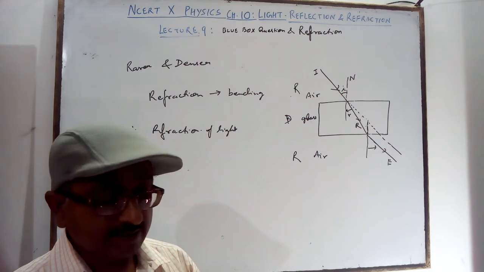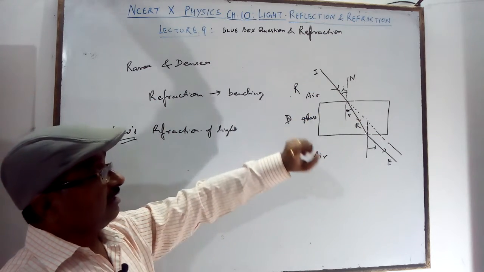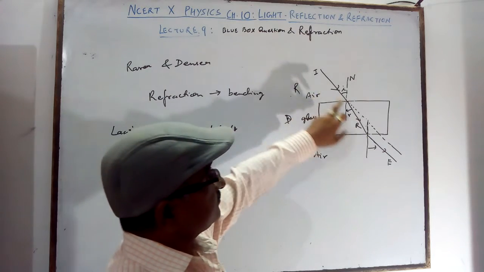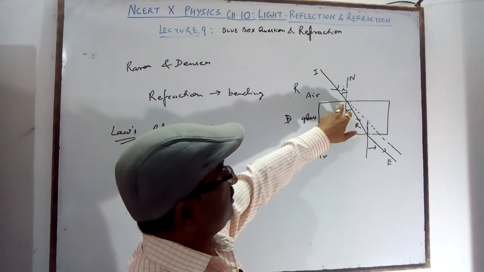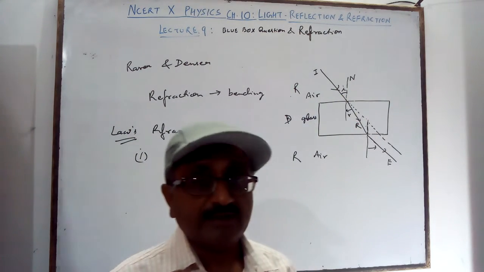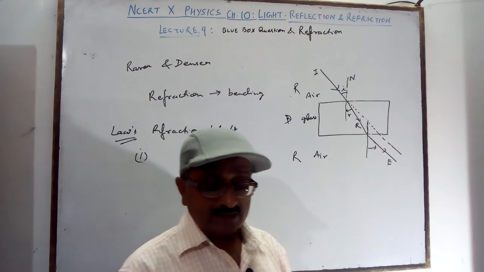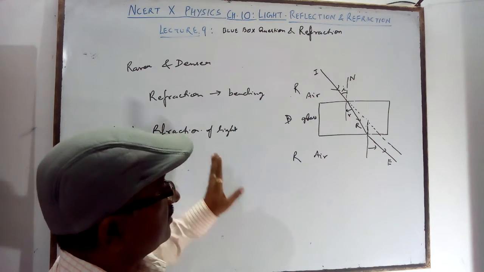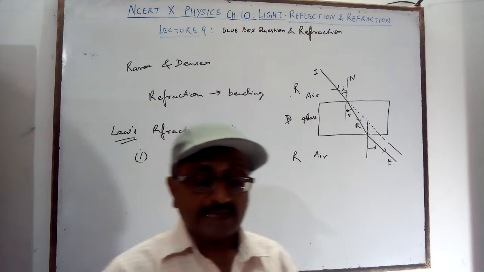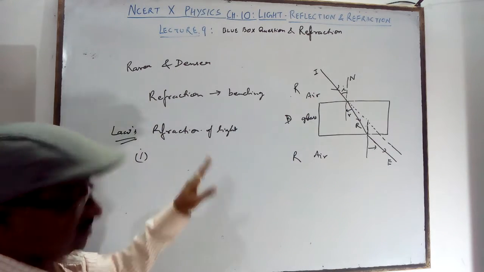The first law: the incident ray, refracted ray, and normal at the point of incidence all lie in the same plane.